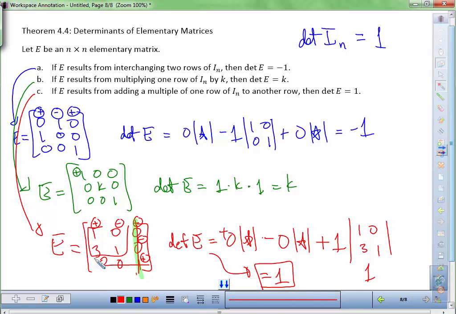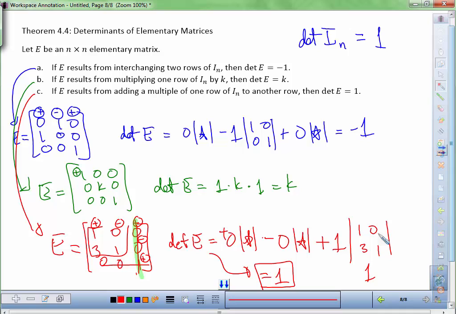So it didn't really matter what we multiplied the first row by when adding it to the second row. First row added to any row, or even the columns. If we take the second column added to the third row, when you break this expansion down to the 2 by 2 determinant, wherever that factor you multiplied the row by ends up, it gets multiplied by 0, so it'll disappear.